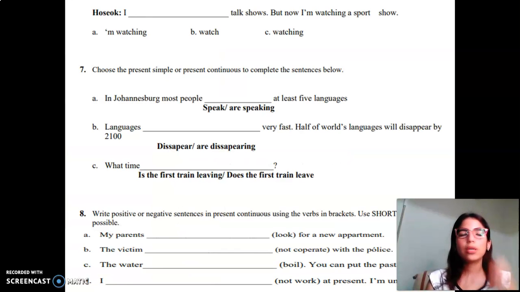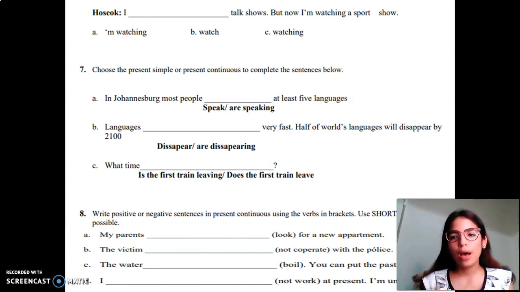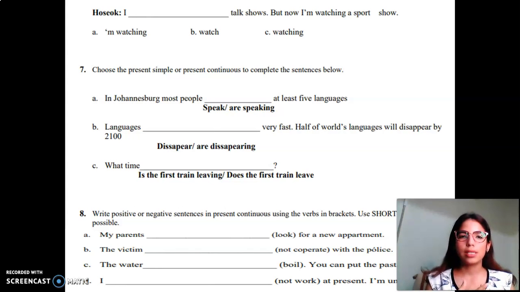Here we also have some activities where the student can choose the present simple or present continuous to complete the sentence below. In this case, we are going to evaluate if they are really capable or have the necessary knowledge to express some sentences using these tenses.